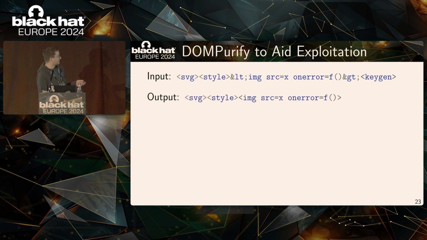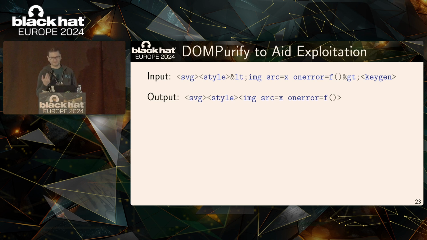However, DOMPurify outputs the following. The keygen tag is gone. That doesn't really matter, but the image tag has been unescaped. So this is suddenly a dangerous payload. The initially benign payload was turned into something that will execute JavaScript code.